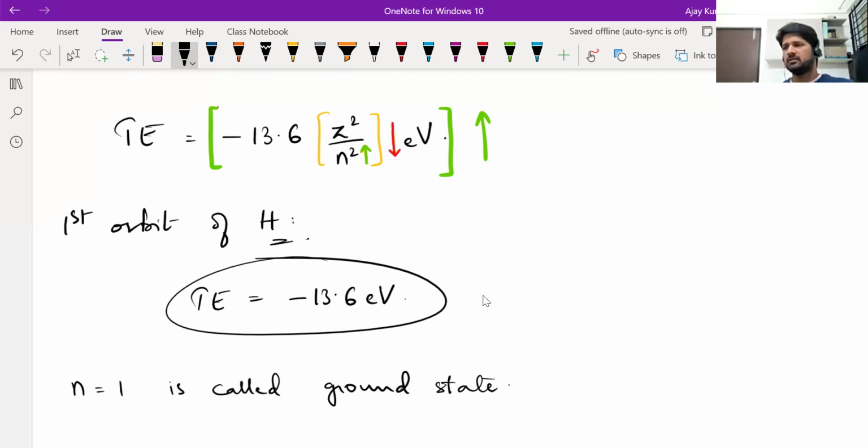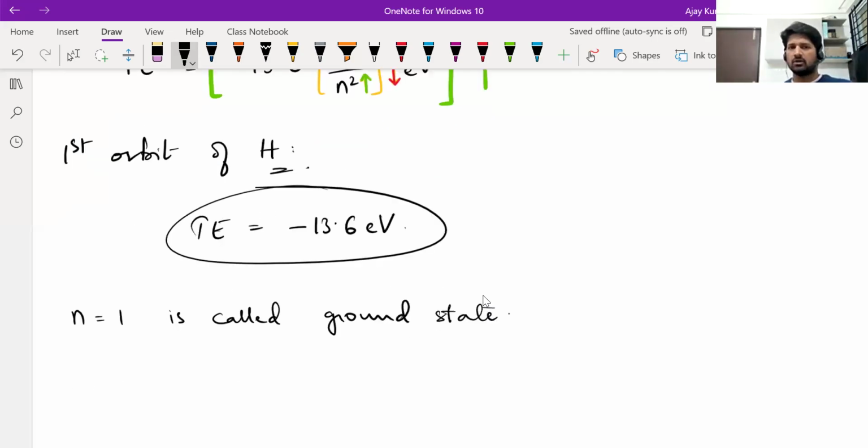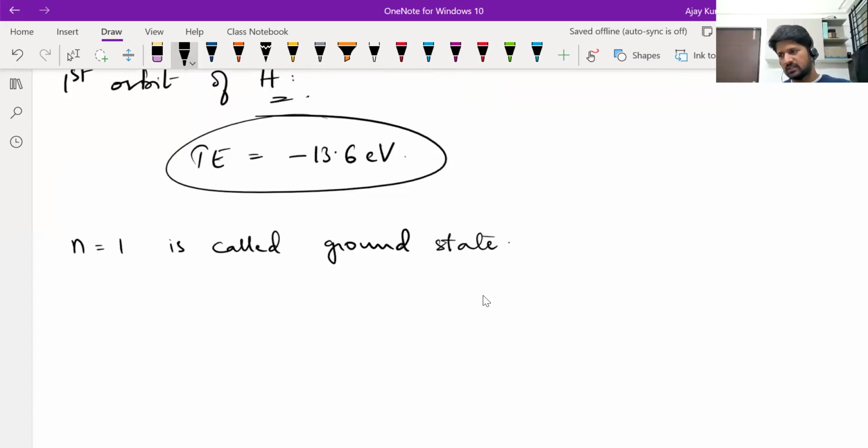In any atom, the first orbit in which an electron revolves, the energy of the first orbit is called the ground state energy. Okay. Or when electron is in n equal to 1, we say electron is in the ground state. Okay. N is equal to 2 corresponds to higher energy than the ground state. We call it as first excited state of the electron.